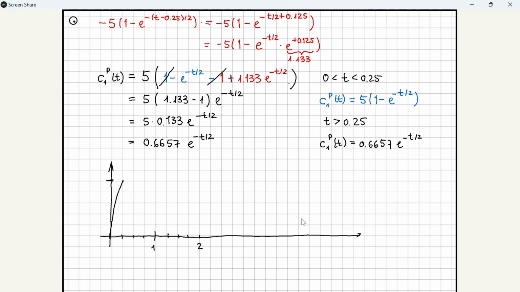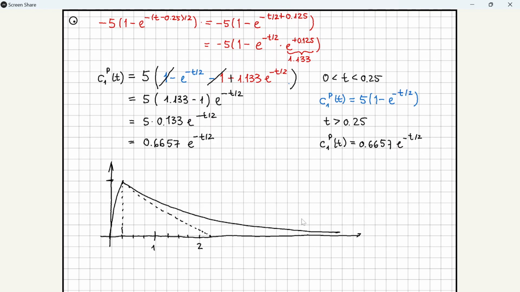And after that, we go down with the function 0.6657 e to the minus t half. So we go down with the time constant 2. I go down like this. So we go up very quickly and we come back down.